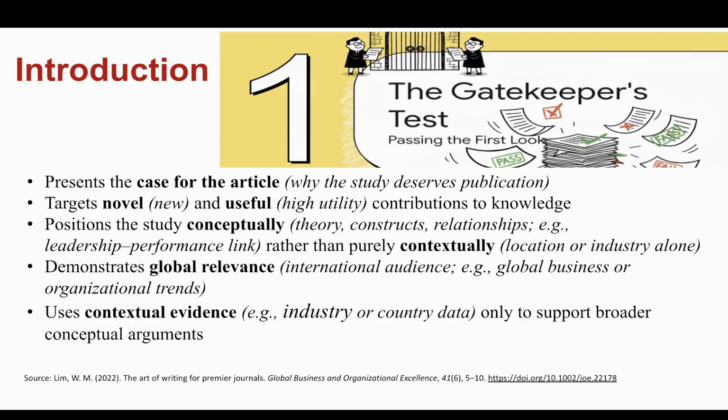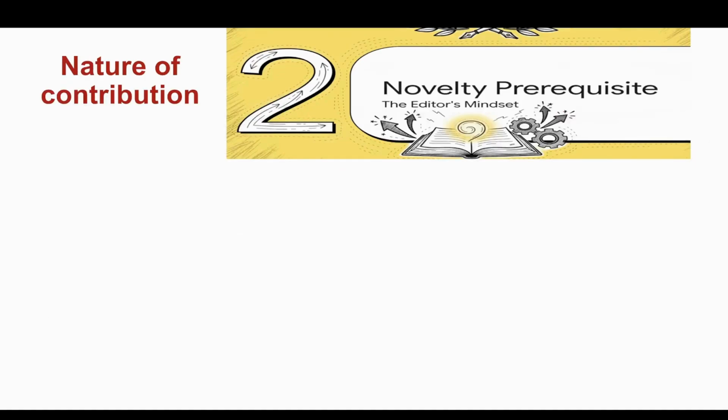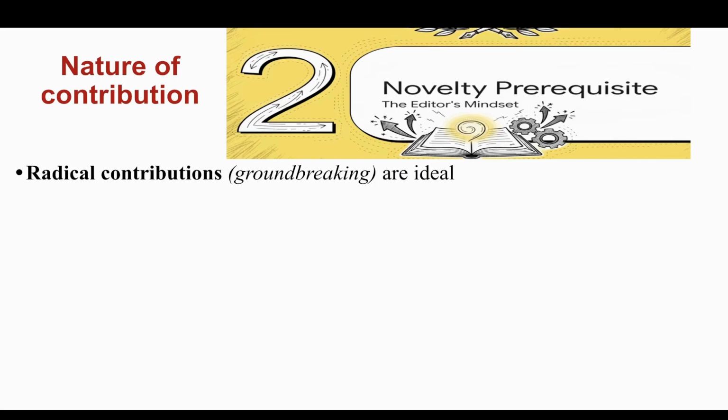Let's say if we are highlighting and focusing on a particular industry or a country's data, then we have to use the contextual evidence only to support the broader conceptual arguments, right? So we may do that, but we have to support it with the broader conceptual arguments and then build the argument and contribution on that.